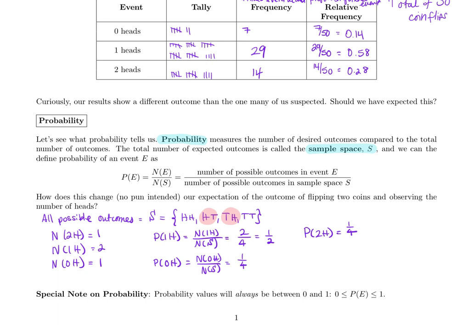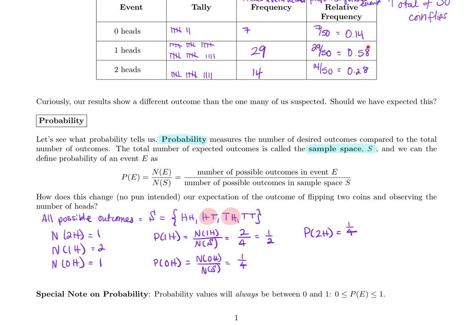Well, for 0 heads, we think it should be about 1/4. Well, it's a little low. But again, this is because we have a sample size of only 50. And if you've never taken statistics, then I can explain this to you a little bit more. It's the nature of randomness.